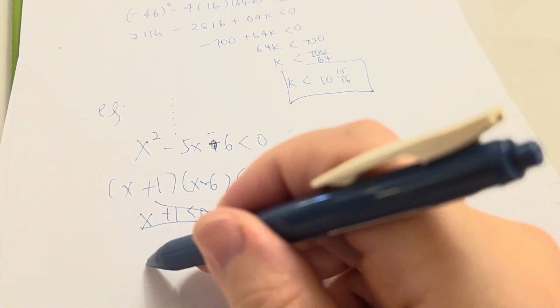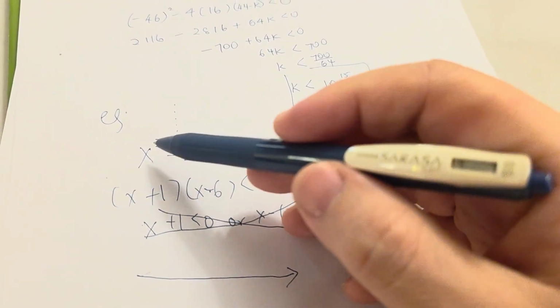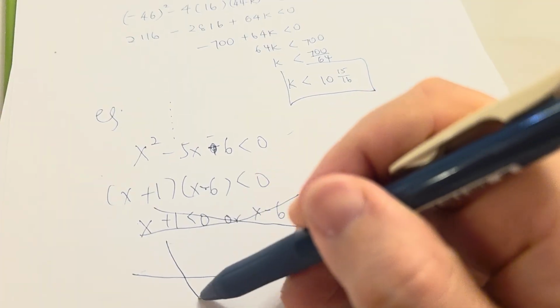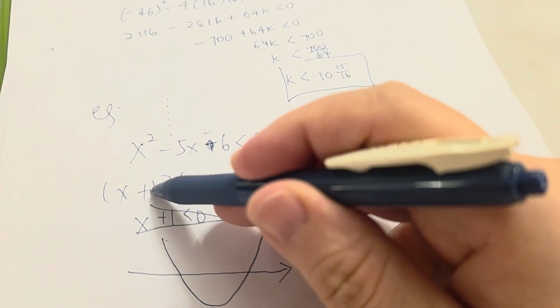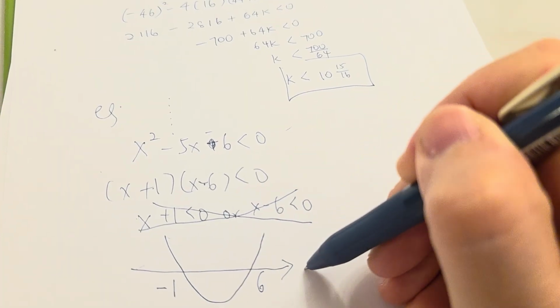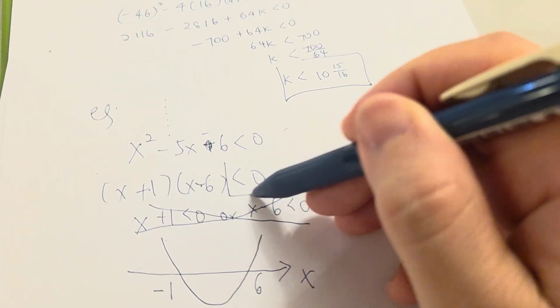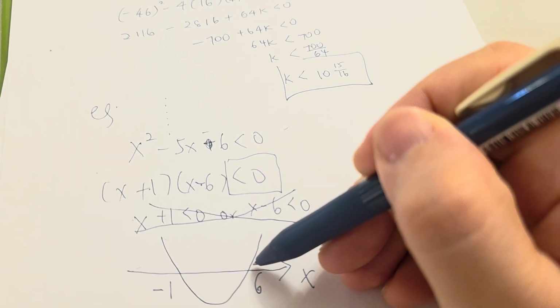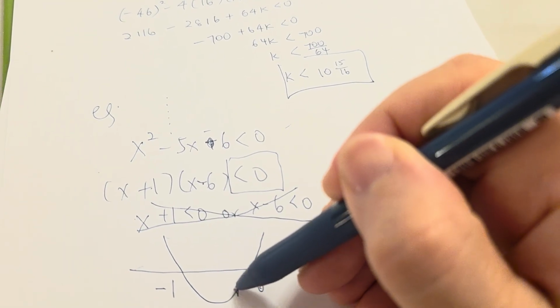So what you need to do is to draw, always make this a happy face, so that it's always a U shape. And then one of the x values is minus 1, the other value is 6. This part here tells us that we want the part of the curve that is negative, so it's this part here.